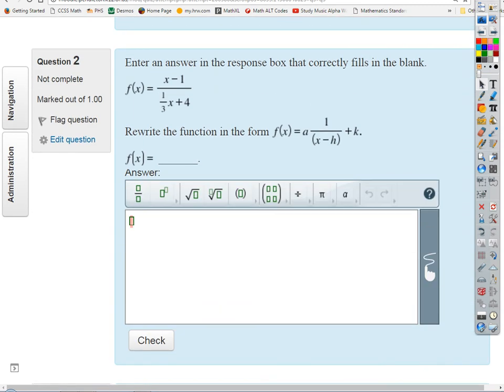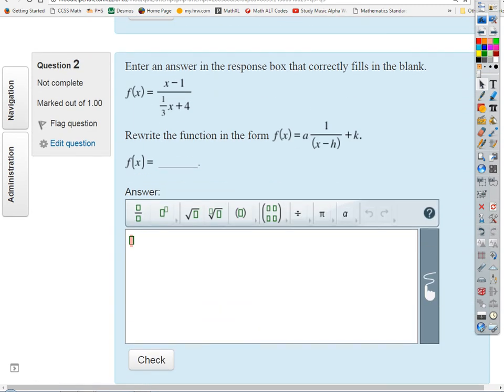Let's go back to this one, because we already did it. We multiplied top and bottom by 3, and we got (3x minus 3) over (x plus 12). Does anybody have in their notes what we got for an answer when we wrote that in the form a times 1 over (x minus h) plus k?